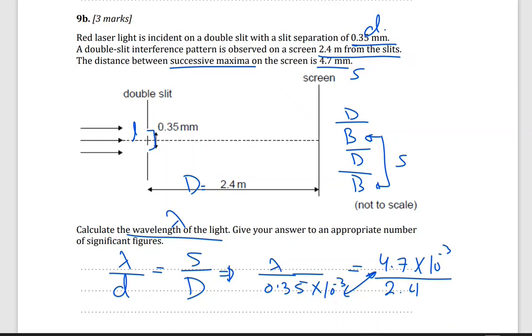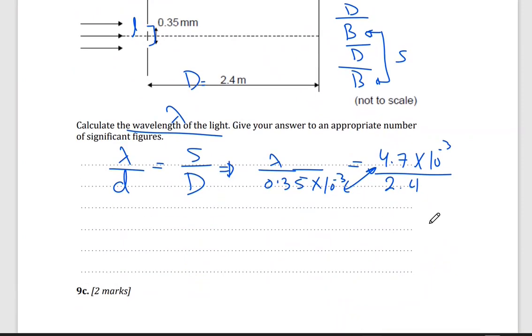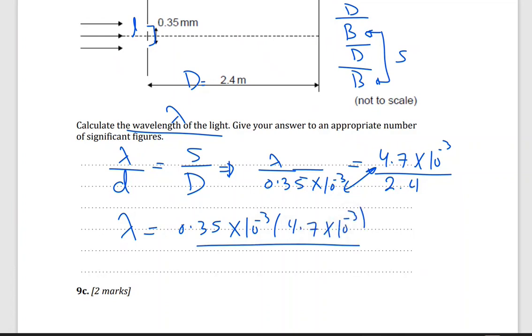So lambda will equal 0.35 times 10 to the power -3 times 4.7 times 10 to the power -3 divided by 2.4. You will get 6.9 times 10 to the power -7 meter.